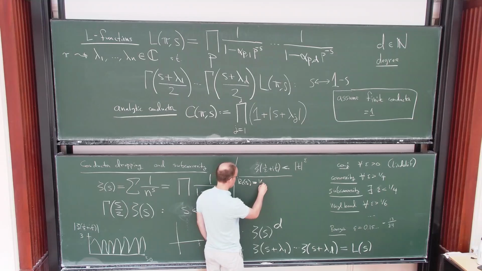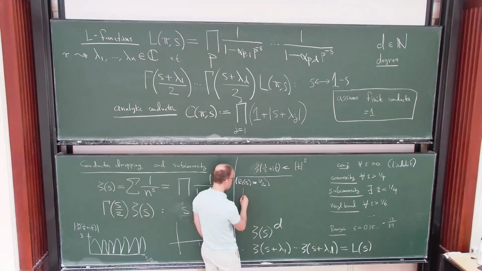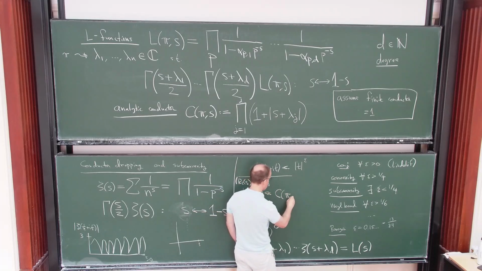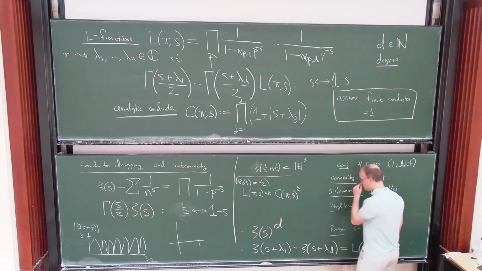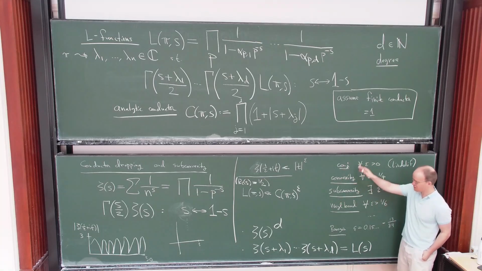Okay, and then with that additional bit of notation, let's say for real part of s equal to a half, the general form of this discussion is that any L function should be bounded by the conductor to the epsilon. And then there's an analogous collection of terminology.